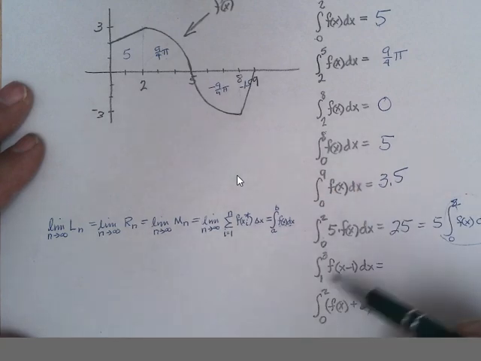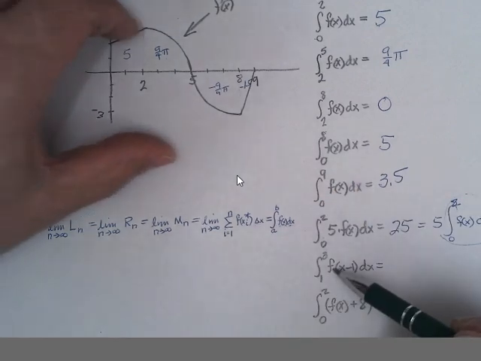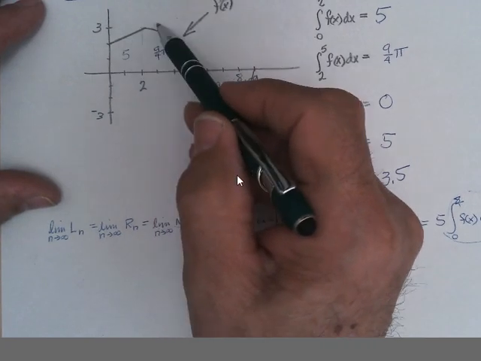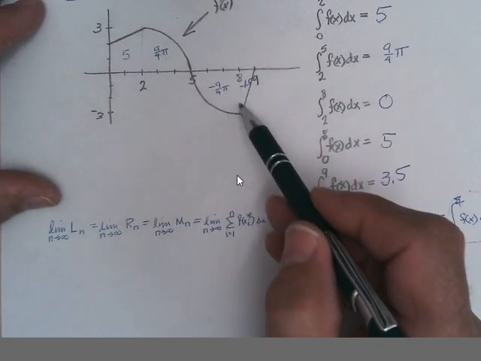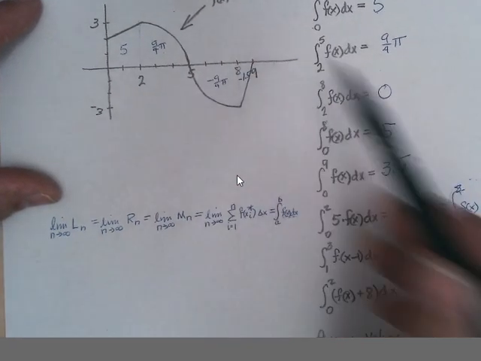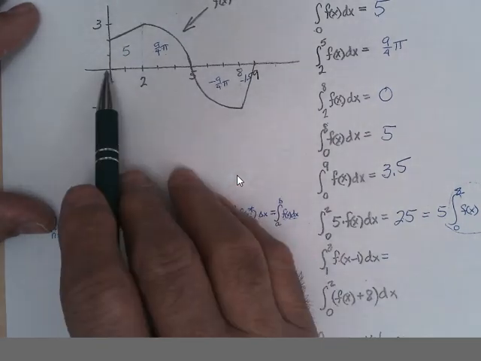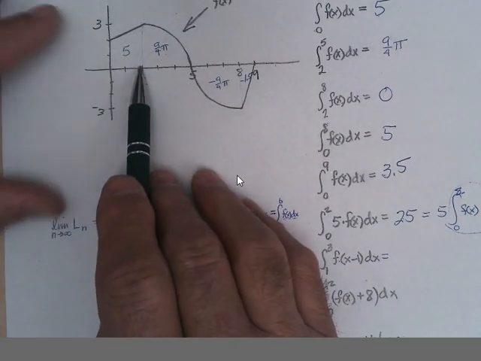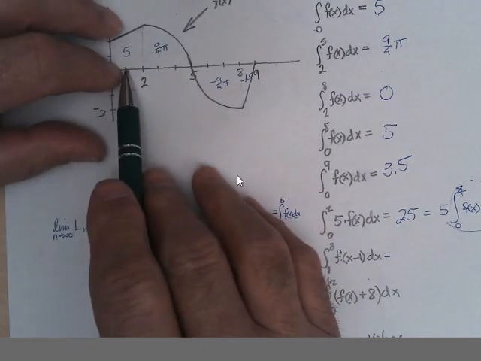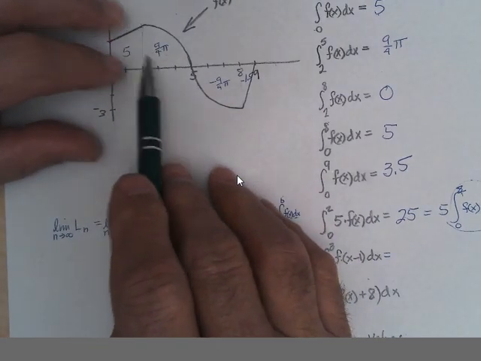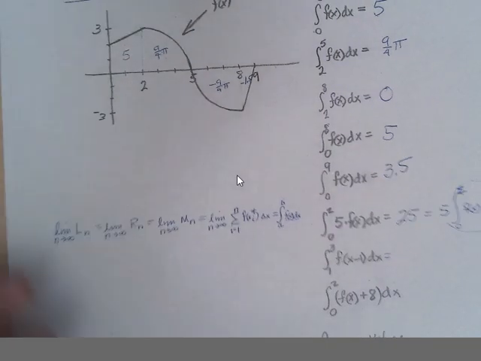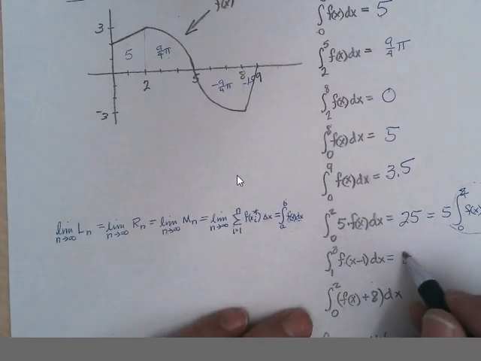If you've moved this function 1 to the right, which would be something like this, and then you found the area from 1 to 3, that's going to be the same as doing the area from 0 to 2. If it's moved over 1 and you do from 1 to 3, that's the same as doing 0 to 2 of the original, so this is going to be 5.